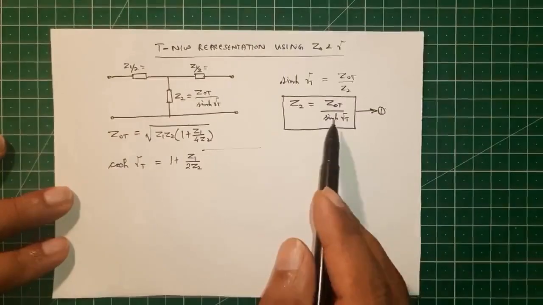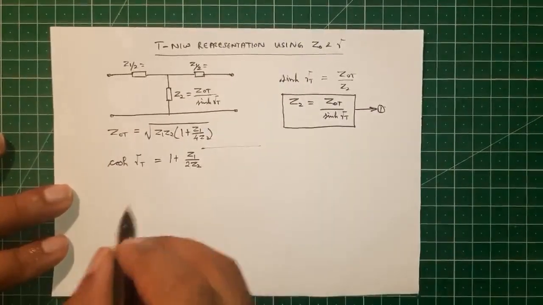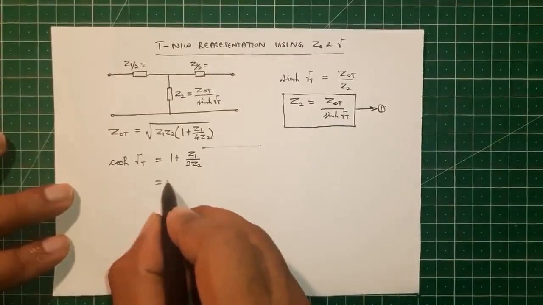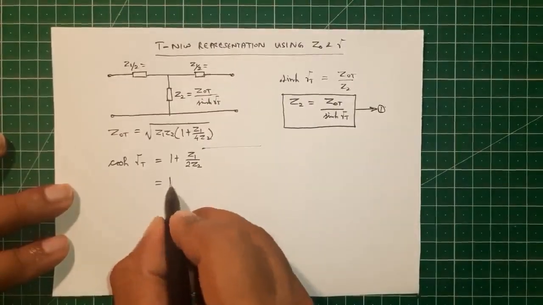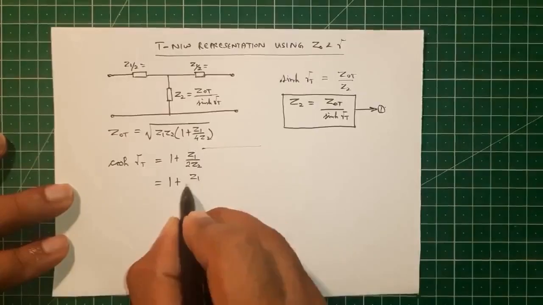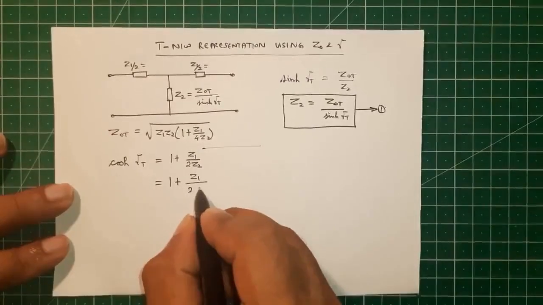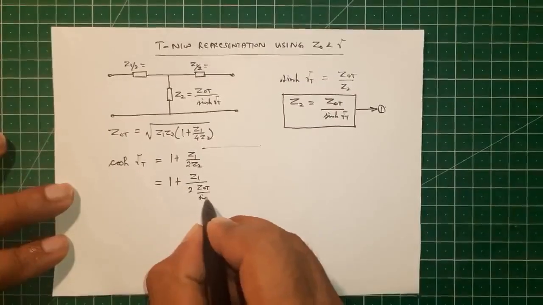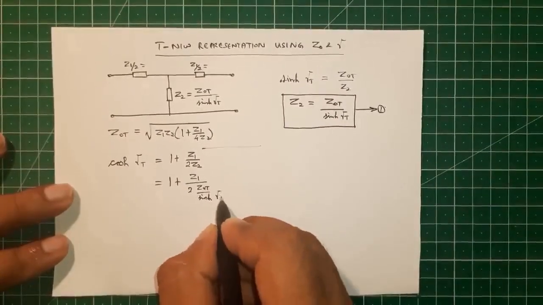We have already written Z2 as Z0T divided by sinh gamma l. So cosh gamma l will be equal to 1 plus Z1 by twice Z0T by sinh gamma l.